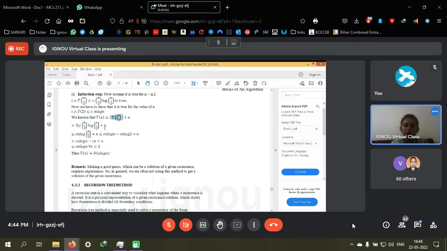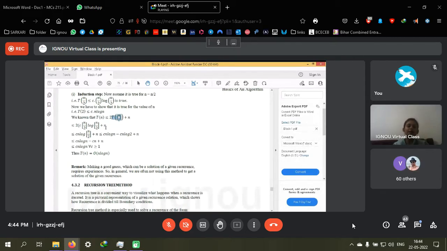Any doubt till now? No, ma'am. When you multiply 2 with this equation, this 2 cuts with this 2 because one is multiplying and the other is dividing. Right? So we will get Cn log n divided by 2 plus n.